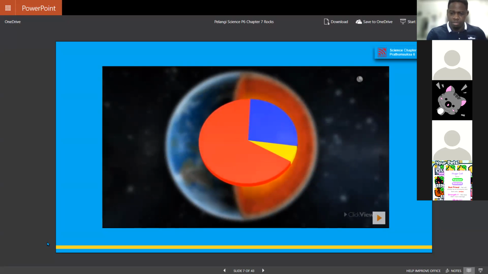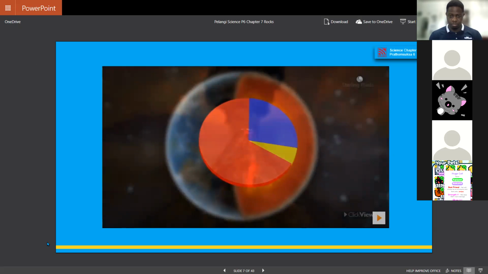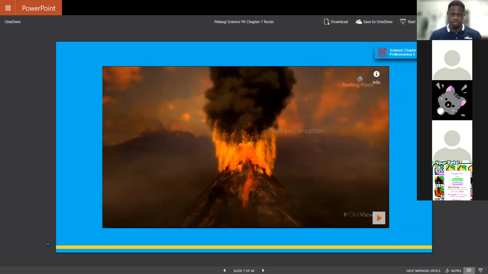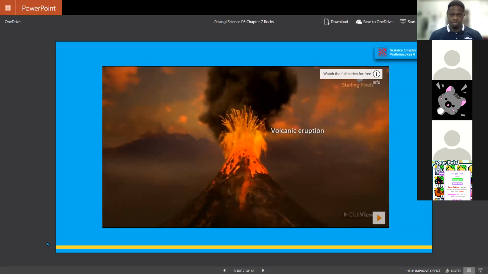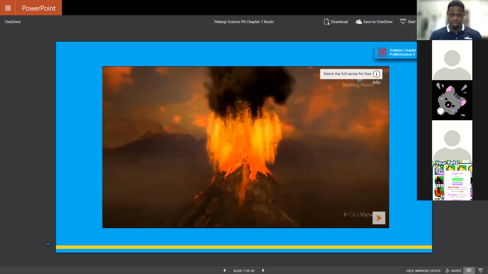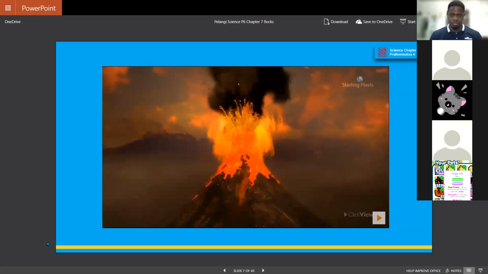The word igneous has been derived from the Latin word ignis, which means fire. These rocks are associated with volcanic eruptions. Let's study more about igneous rocks and how they are formed.